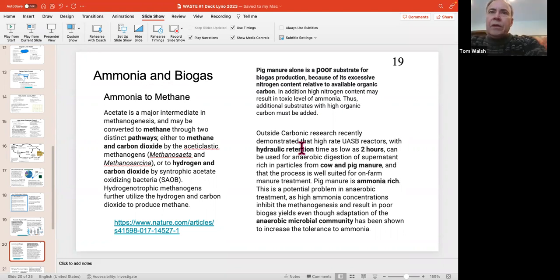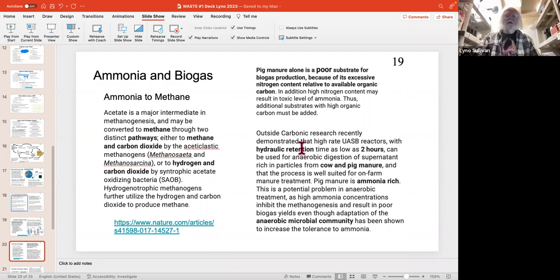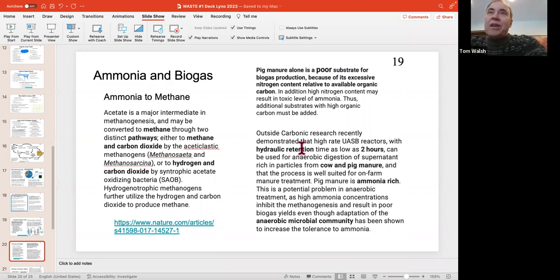Yeah, I have one. It would seem to me that the process to produce hydrogen and carbon dioxide rather than methane and carbon dioxide can be more beneficial. Because hydrogen is a great fuel. Yes. You burn it with oxygen and create a lot of energy.